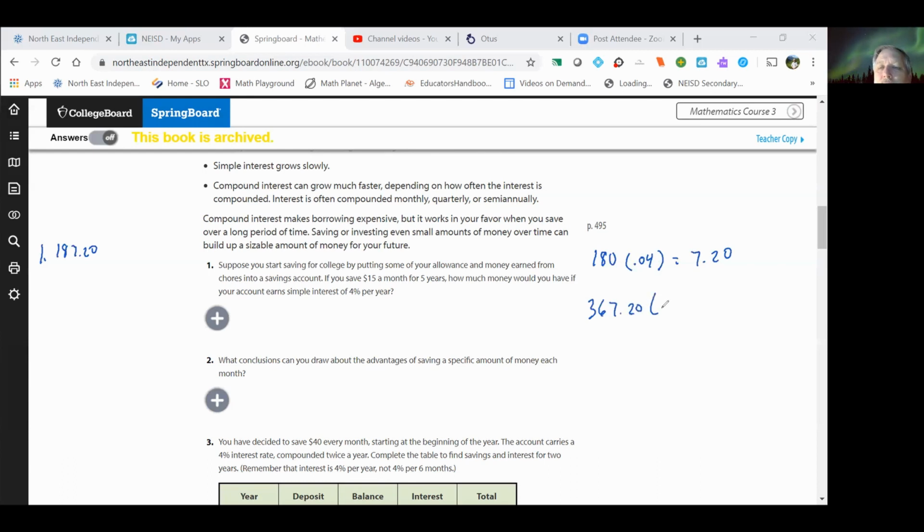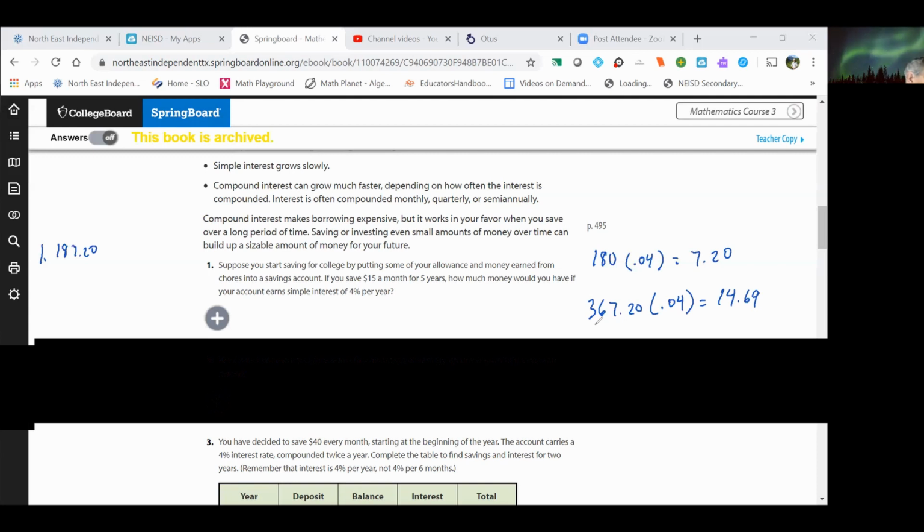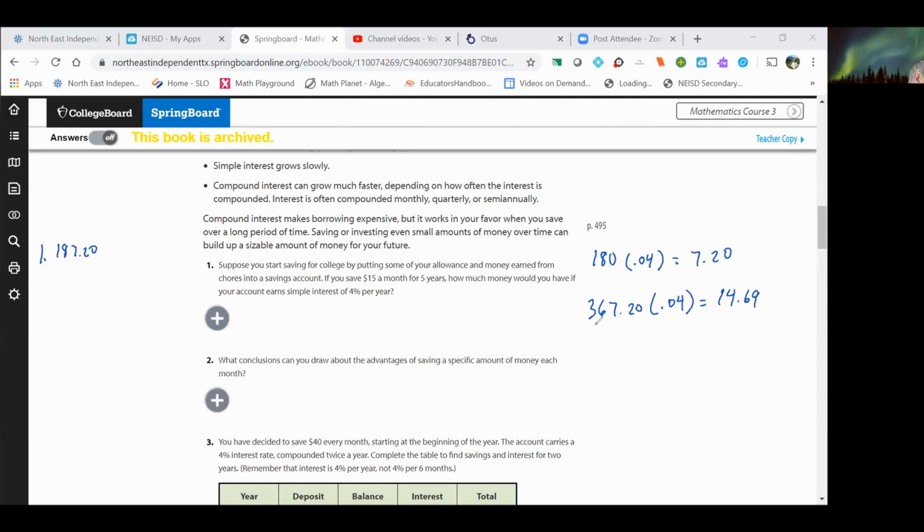I multiply that times 0.04, or 4%, and I get interest earned of $14.69. Of course, I add that to the $367.20, and that gives me at the end of the second year $381.89. Then in year 3, I add $180, my $15 per month.